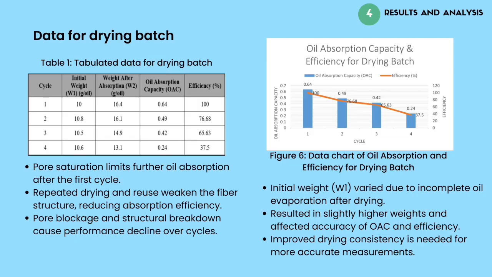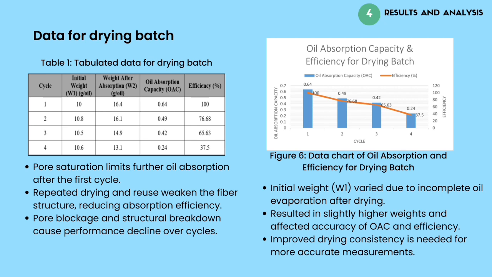So, we move on to the result and analysis. For the data for the drying batch of the banana peels, the first cycle showed an oil absorption capacity of 0.64 grams of oil per gram of biosorbent, g per g. However, after four cycles, the OAC decreased to 0.24 g per g with only 37.50 percent efficiency retained.